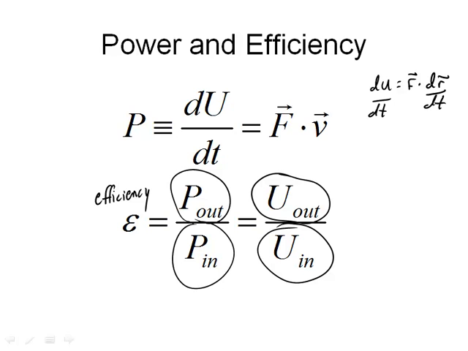Kinetic energy of your car, for example. Efficiency would ask us how much output energy am I getting and how much input energy did I need to get there. That's where efficiency is going to be at. The maximum possible efficiency is 100%, but that's an ideal case. You'll never have 100% efficiency. When you take thermodynamics, you'll find out why that is.